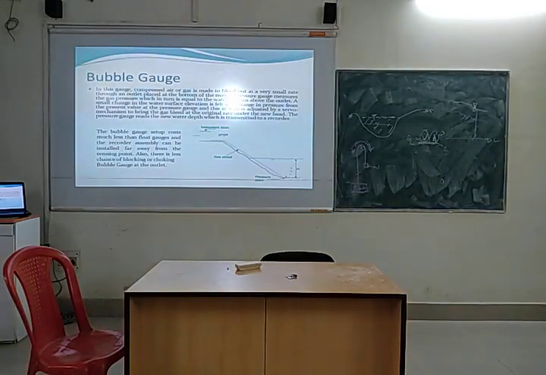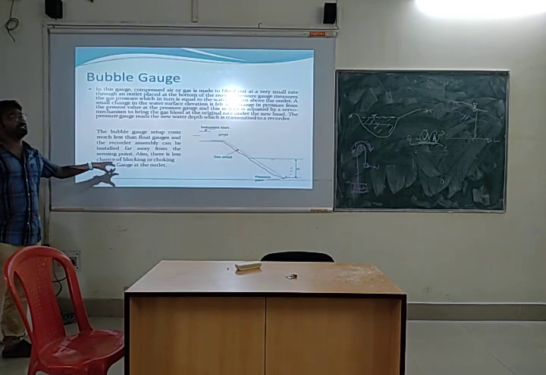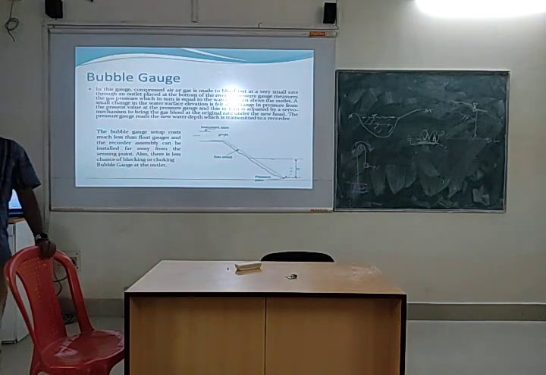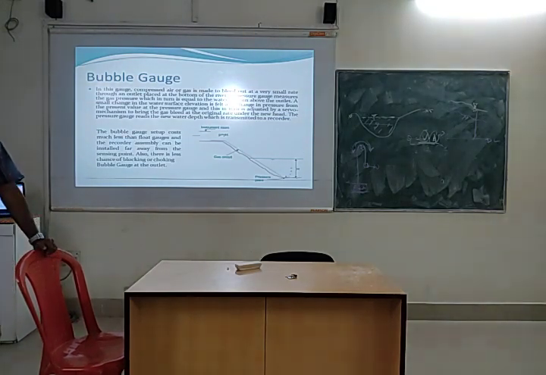The bubble gauge setup costs much less than the float gauges, and the recorder assembly can be installed far away. For this case, you can install the recorder assembly far away from any sort of interruption, right? And there is another thing: the chance of blocking is pretty much lesser than the previous one, because various elements will float on the river, at the top of the river, right?